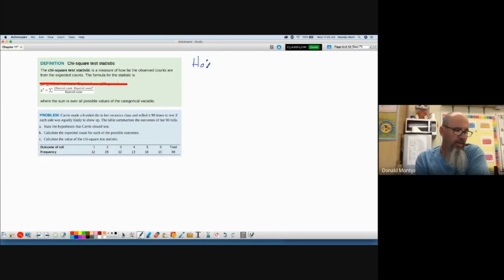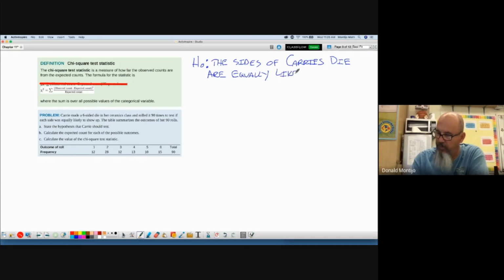So the null is there is no difference, meaning the sides of Carrie's die, since it's singular, are equally likely. There is no difference. Her die acts the same as any fair die. So they're equally likely to show up.